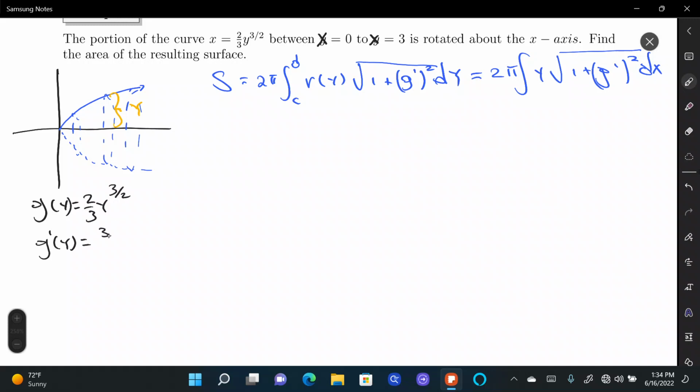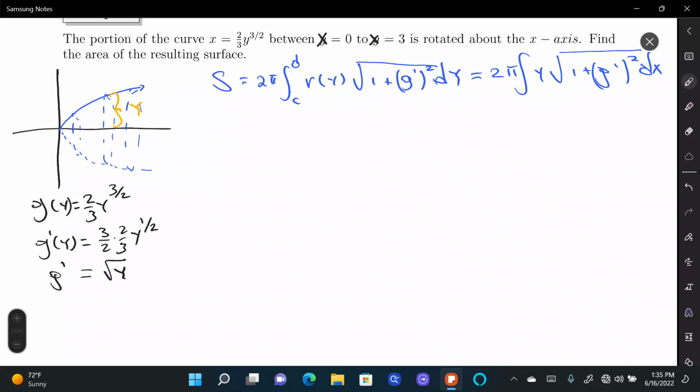This is 3/2 times 2/3 y to the 3/2 minus 1, isn't that 1/2? And what's going to happen here? Don't you see these 3/2 and 2/3 are just going to cancel, making this look really simple? They cancel, and y to the 1/2 is simply the square root of y.